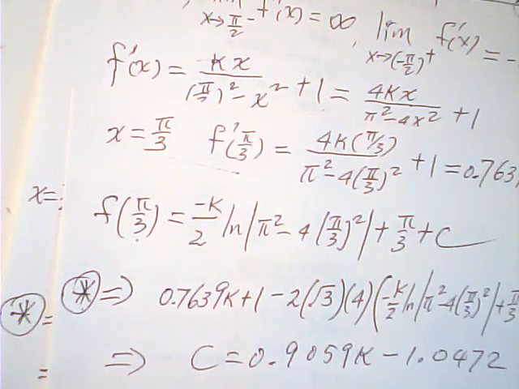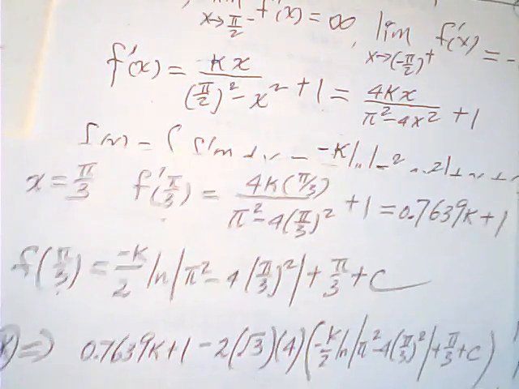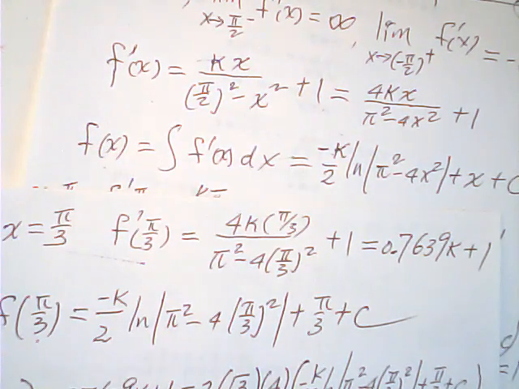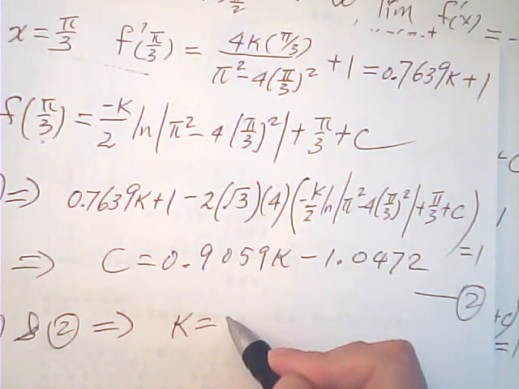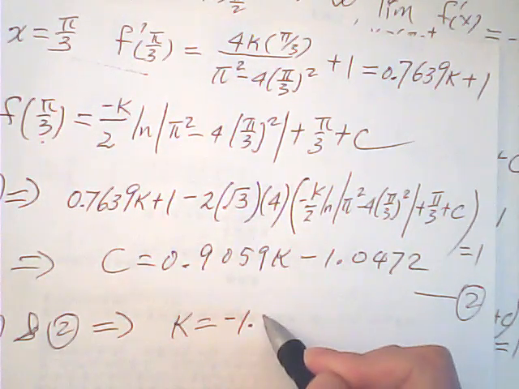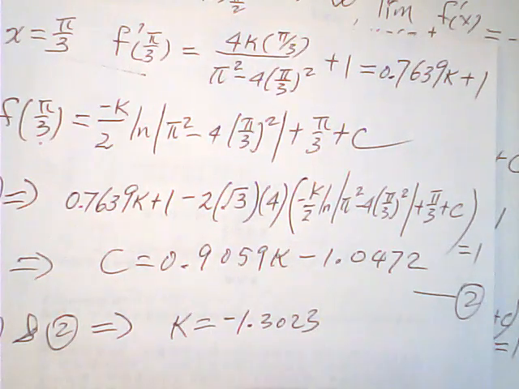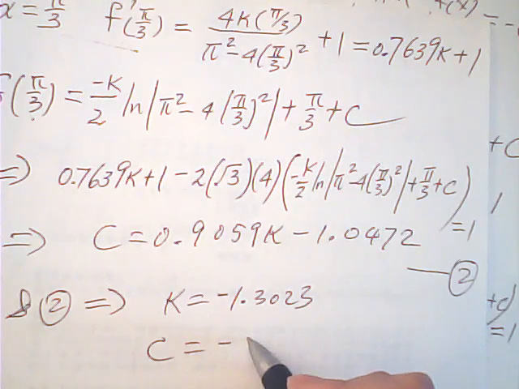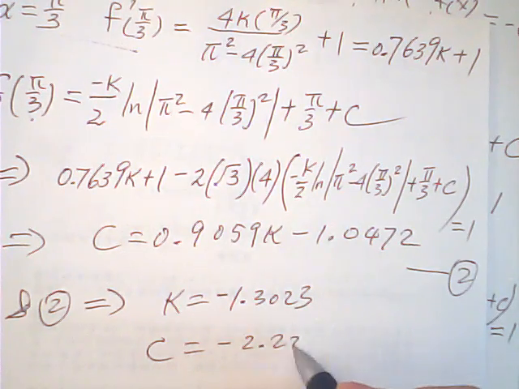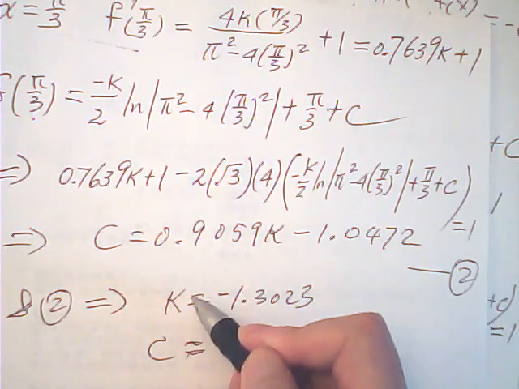Then with equation 1 and equation 2, we can find k and c. K is equal to negative 1.3023. C is equal to negative 2.2270. These are all approximations.